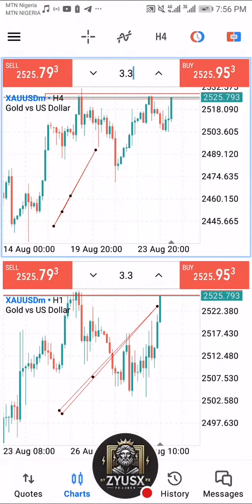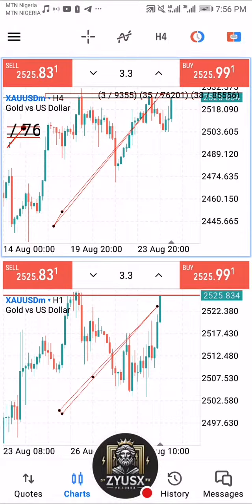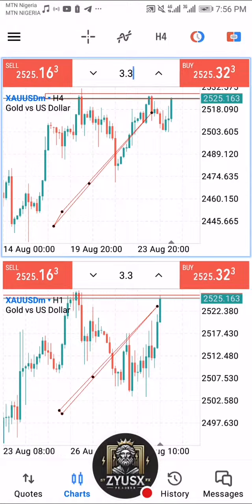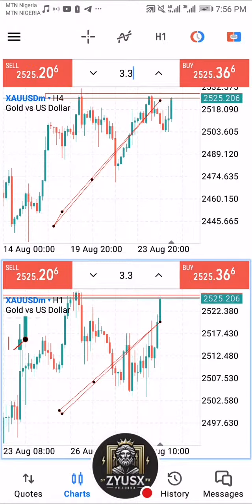4 minutes before the candle close. I'm just waiting for this 1 hour candle to close to see if price is going to hold this level or break and close above it. That's all we are waiting for. If this 1 hour candle closes below the level, I'll be setting my sell stop order.